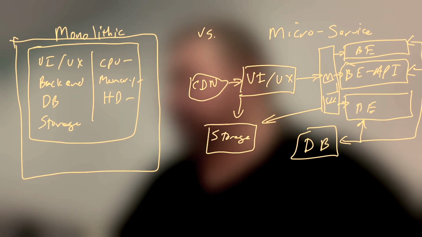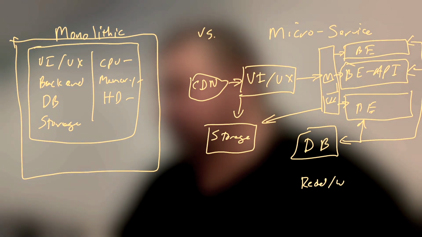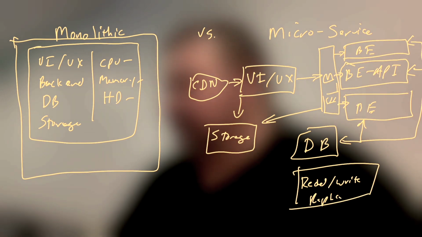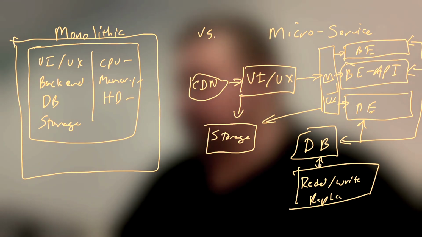But when we use a microservice architecture, we can do what's called a read-write replica. So what that does is that anytime anything gets stored in the main database, it saves it to the read-write replica.